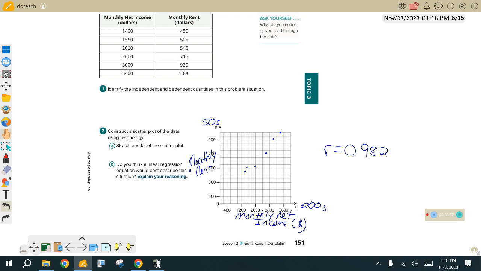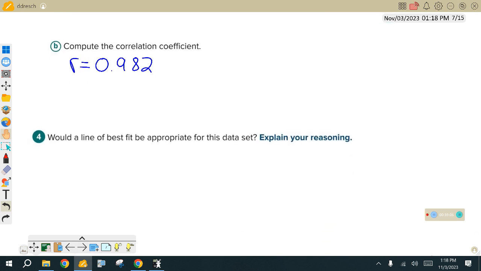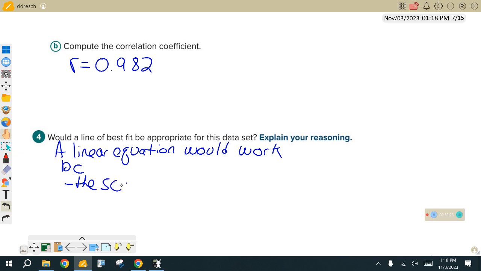The scatter plot with our R value, they work together to say, yep, we're going to say a line of best fit, a linear equation would work because of 2 reasons. Because the scatter plot appears mostly linear.